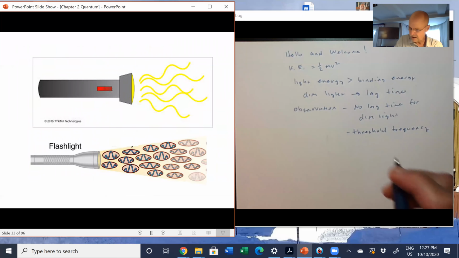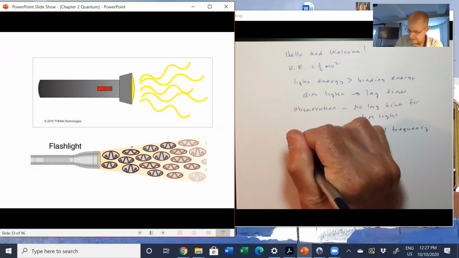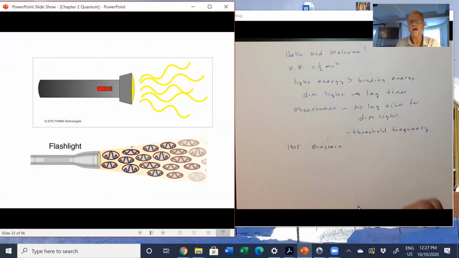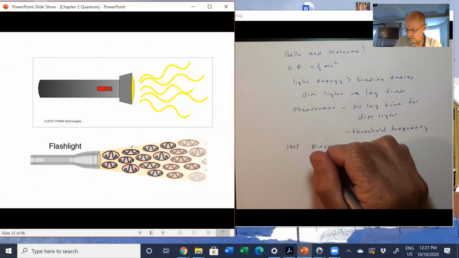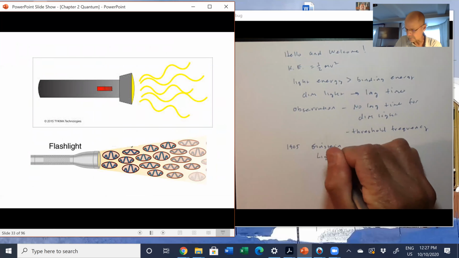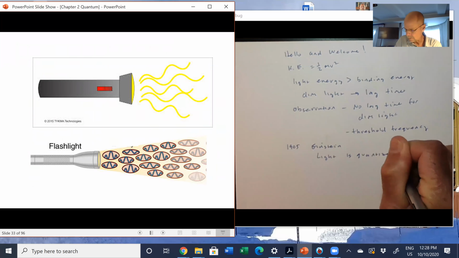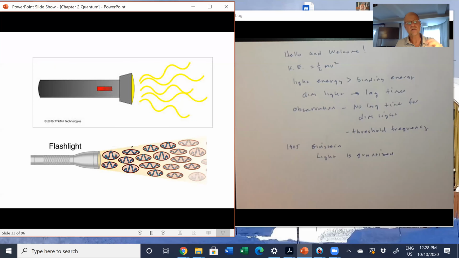Well, in 1905, Einstein suggested a remarkable idea, and that is that light is quantized. Light is composed of particles. We saw in black body radiation that Planck solved the problem by assuming that the energy in these oscillators was quantized.